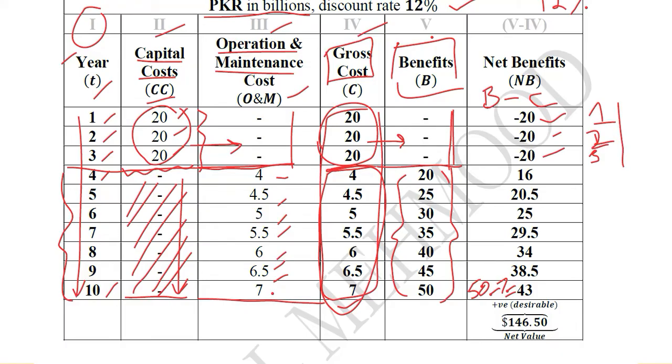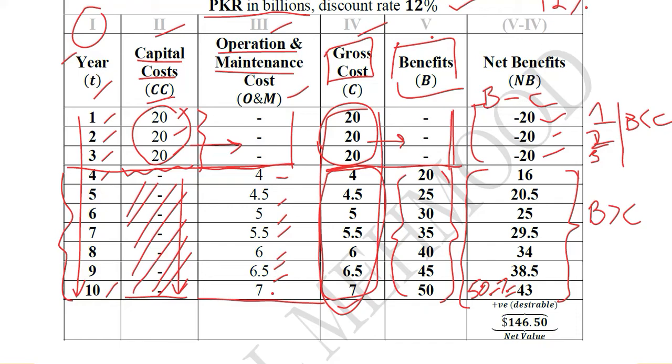But afterwards, since the benefits started to accrue, the benefits are now greater than the cost, and the net benefits are showing positive values, as here the B's are greater than C, and here the benefits were less than C. So in this way, the structure format is visible that the negative values will occur in the beginning of the project, and it is likely that the positive net benefits will happen in the remaining of the years.